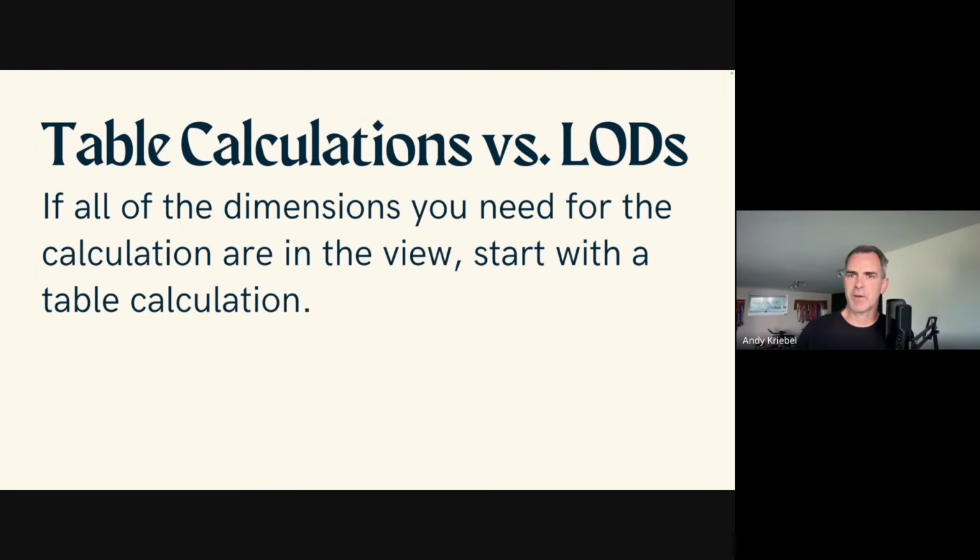So I've seen where somebody will say, let's say they have a view that has region and category in it, and they want just the region level sales, and they might say exclude category, right? It's going to bring back the correct value.